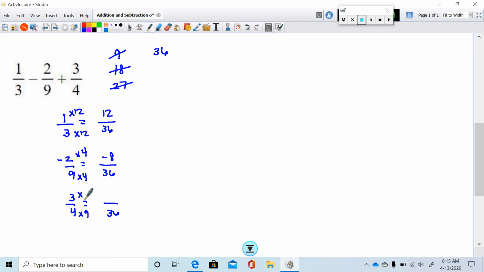So multiply the top and the bottom by 9. 3 times 9 is 27. Keep the 36 in your denominator and do what the numerators say. So 12 take away 8 is 4, and then 4 plus 27 is 31. So 31 over 36 is the answer.